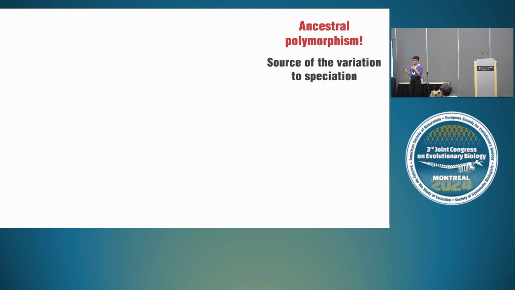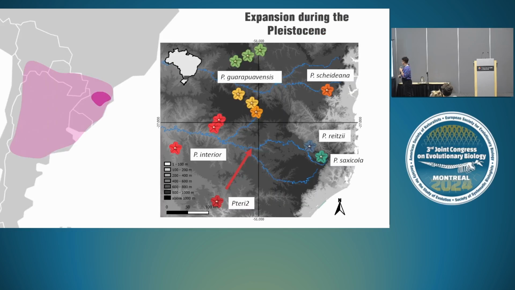And they had the variation that was important for the diversification that happened when the Pleistocene arrived and the environment began to change the weather. Like here. Here is the collection site of these three individuals.